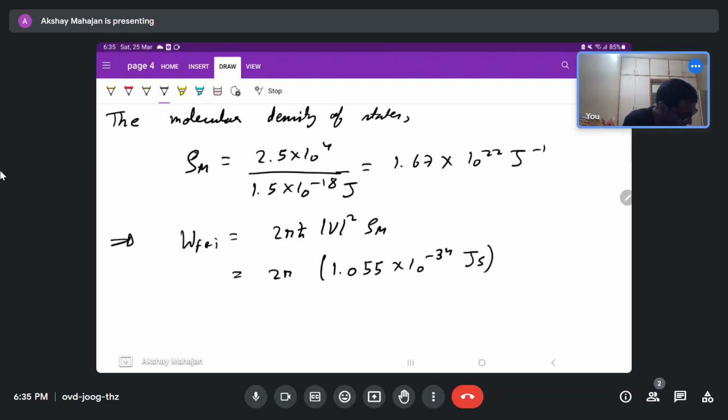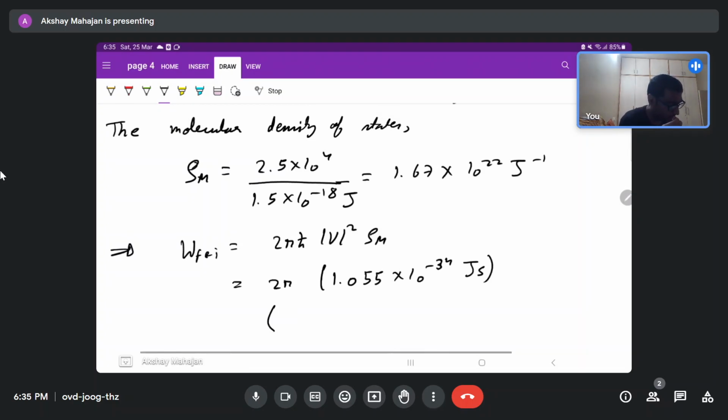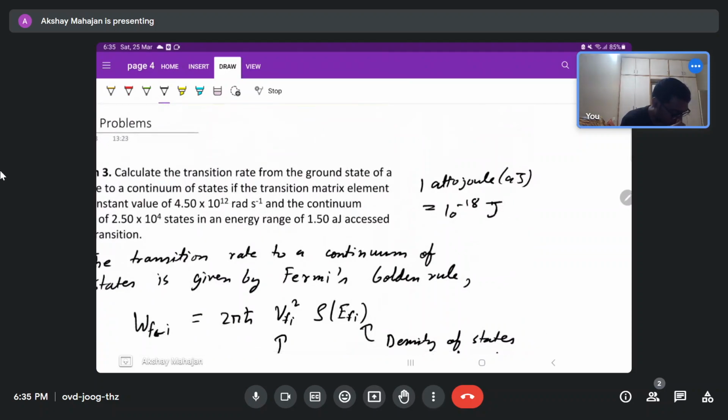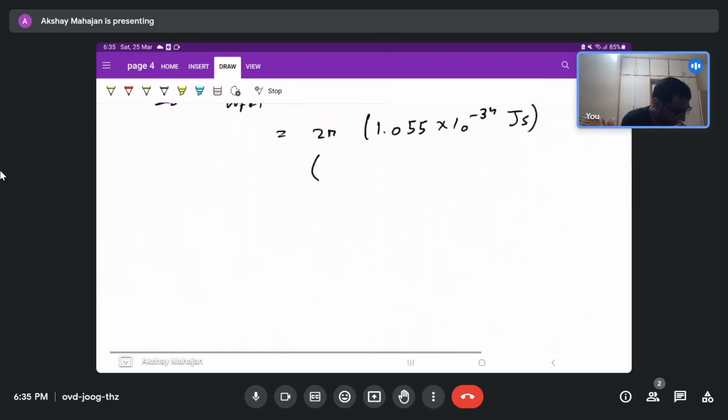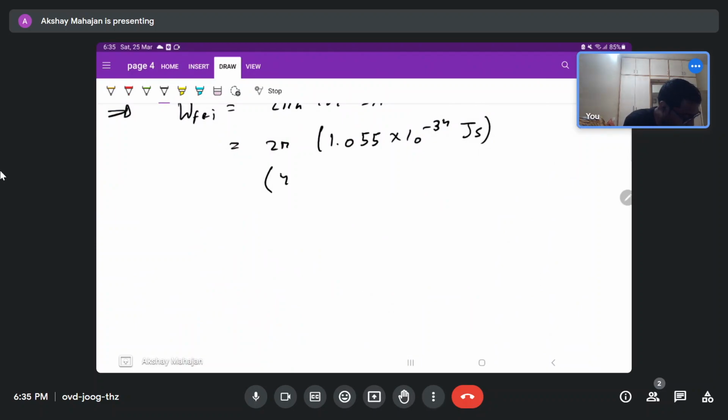For mod of V, the matrix element is given as 4.5 times 10 to the power 12 second inverse, so 4.5 times 10 to the power 12 second inverse, whole squared.